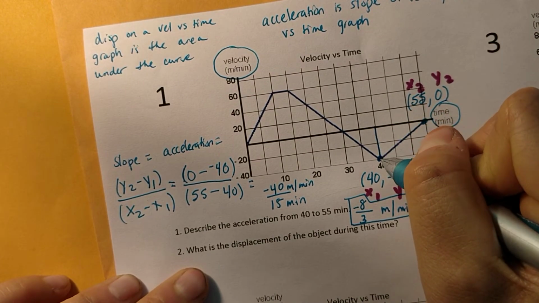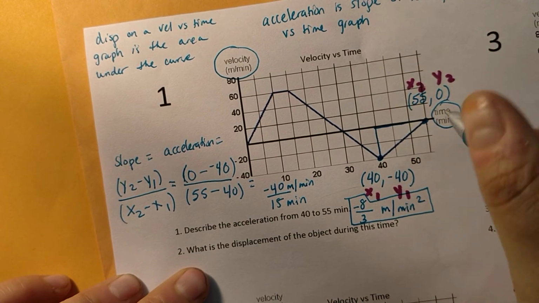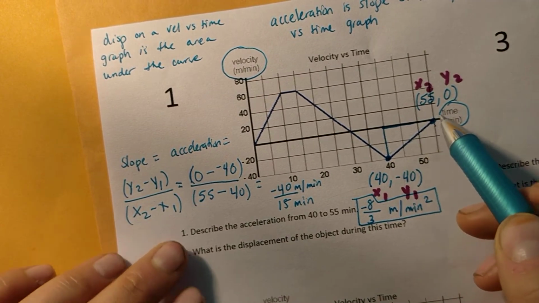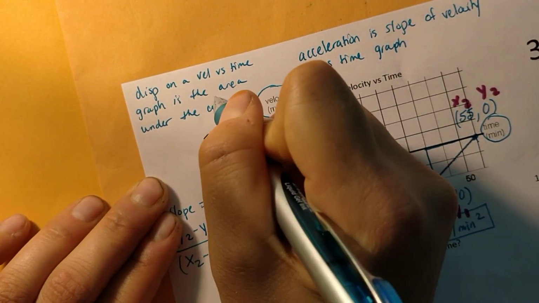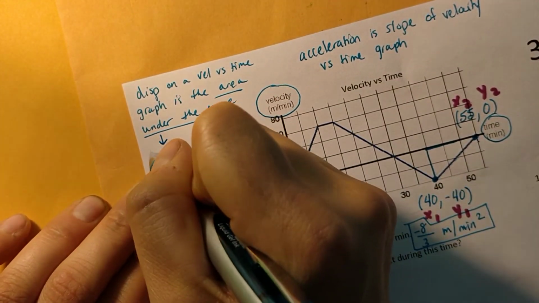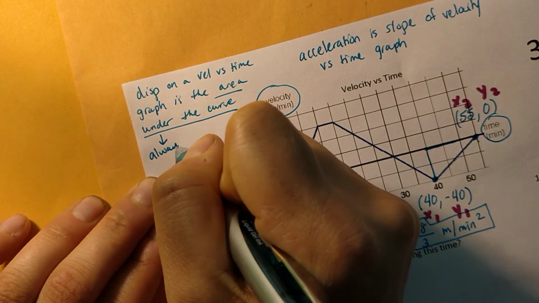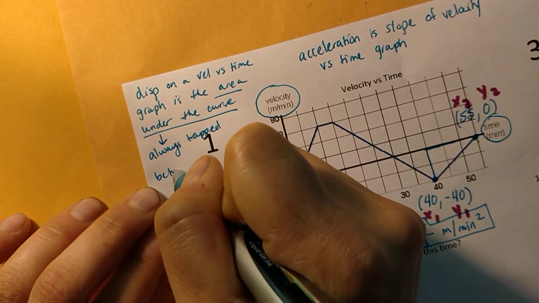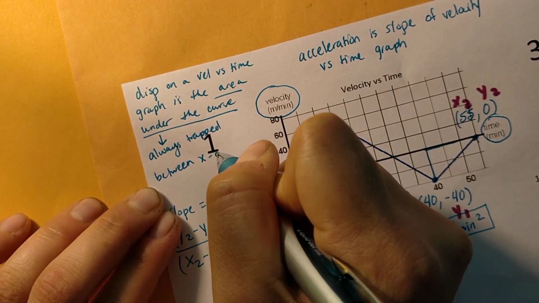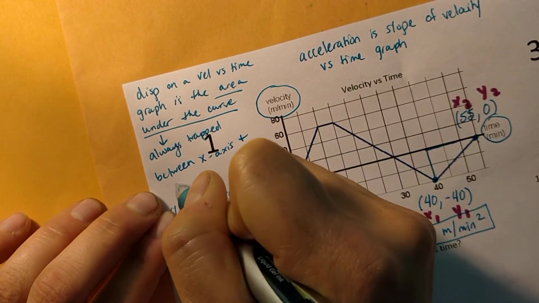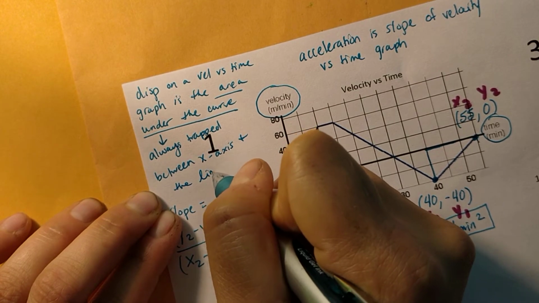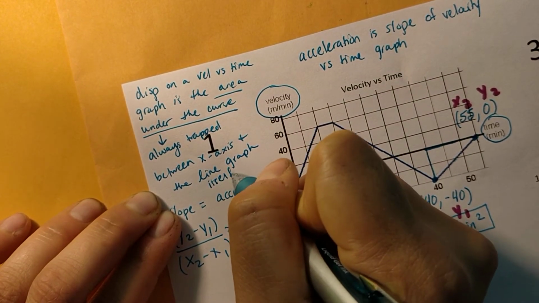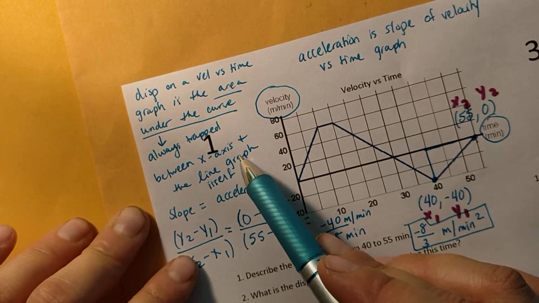The area under a curve is always trapped between the x-axis and the line graph itself, or the curve, but we're dealing mostly with straight lines, so it's always trapped.